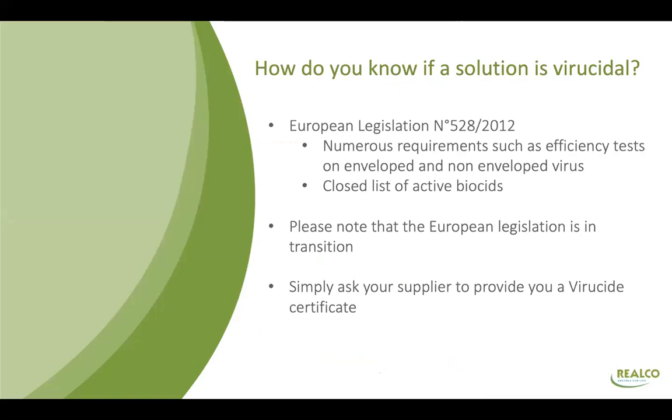One of the requirements is to perform efficacy tests on several enveloped and non-enveloped viruses according to strict international standards and protocols. So a closed list of active substances has been established, and only biocides comprising one or more active substances listed at the European level may be sold on the European market.